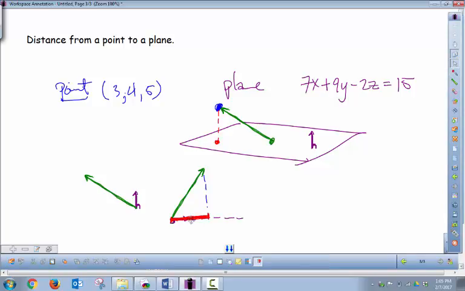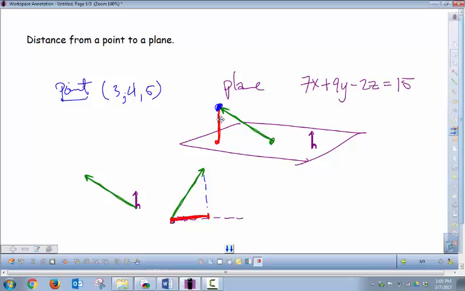Turns out that is this distance that we were looking for to the plane. Okay?